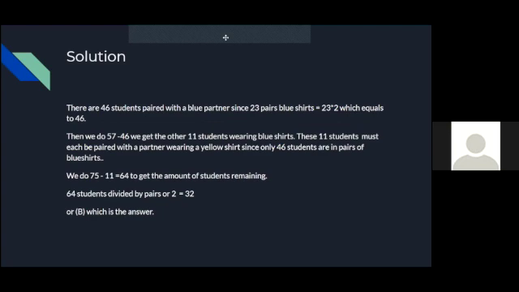These 11 students must each be paired with a partner wearing a yellow shirt, since only 46 students are in pairs with blue shirts. We do 75, which are the remaining, minus 11, which equals 64, to get the number of students remaining. And finally, 64 students divided by 2 per pair equals 32, or B, which is the answer.